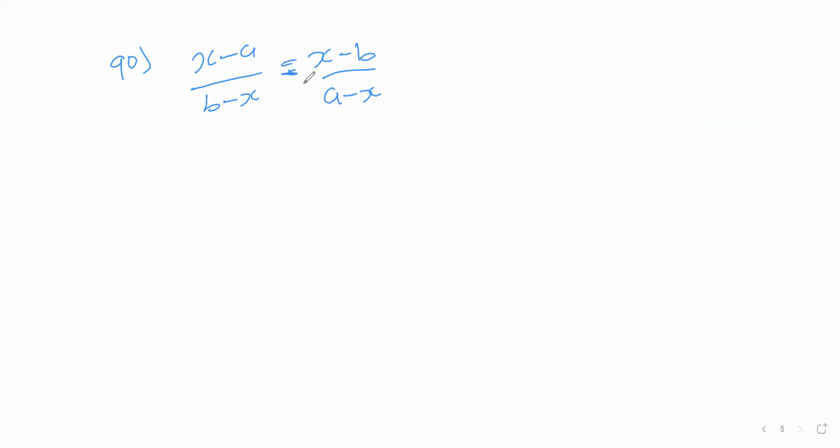We have exactly one fraction on each side of our equation, so we can cross multiply. We have x minus a times a minus x equals x minus b times b minus x.